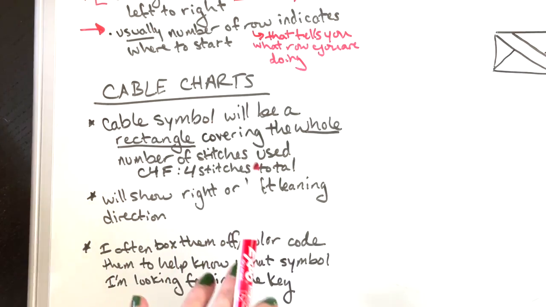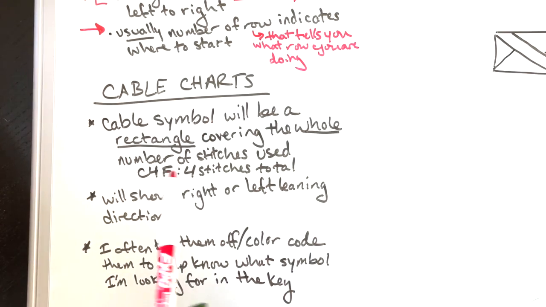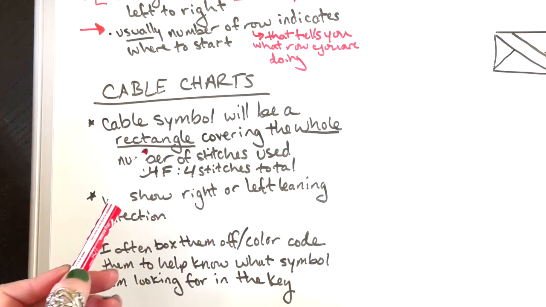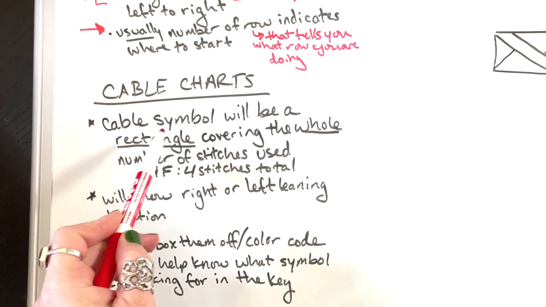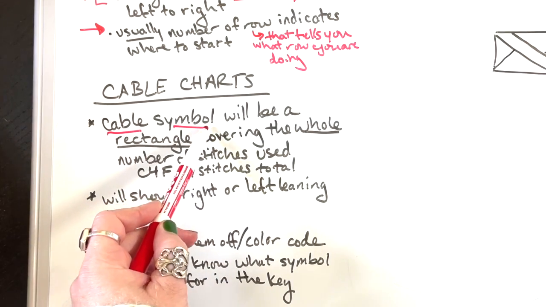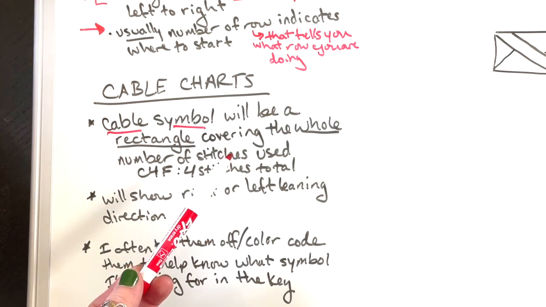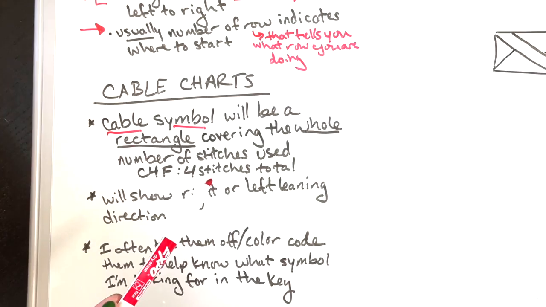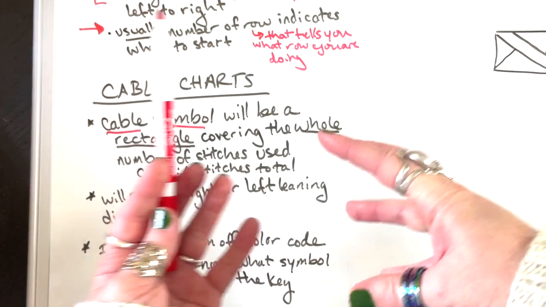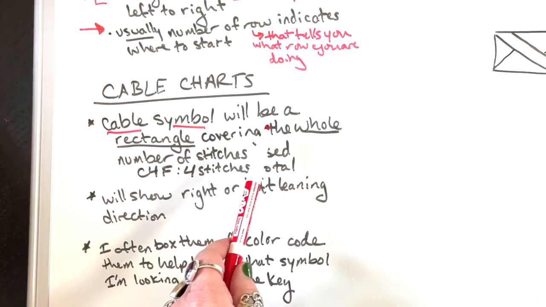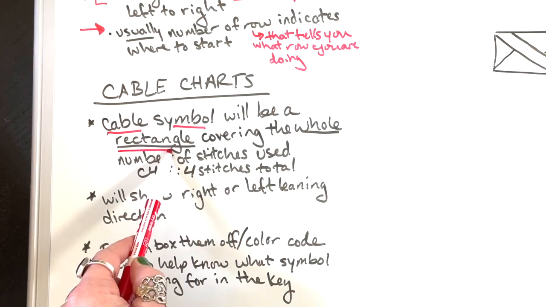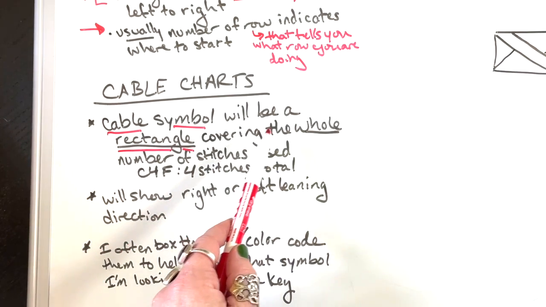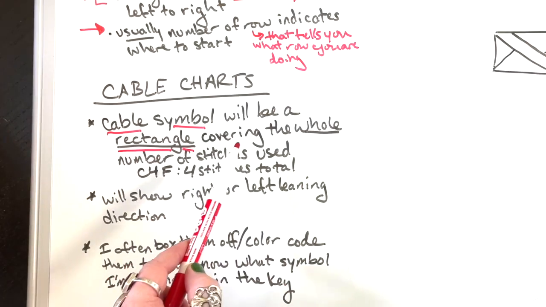Now, cable charts. Here is what is very specific to cable charts. A cable symbol will often be larger than one stitch, than one square on this chart, because cables involve lots of stitches. So a cable symbol will often be a rectangle covering the whole number of stitches used.